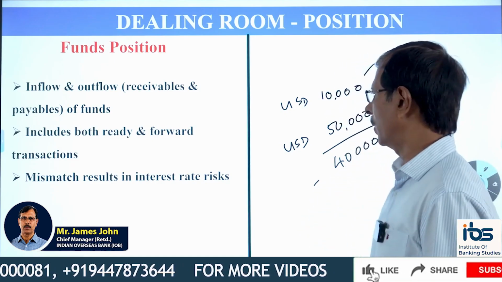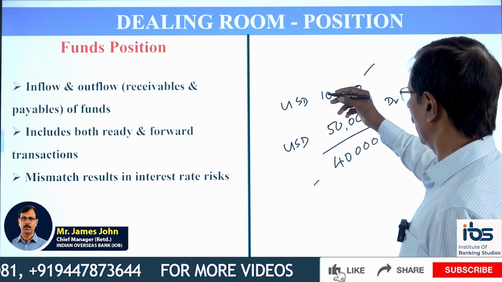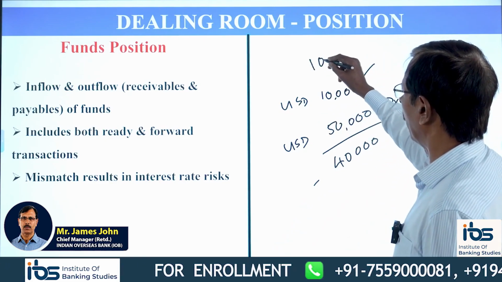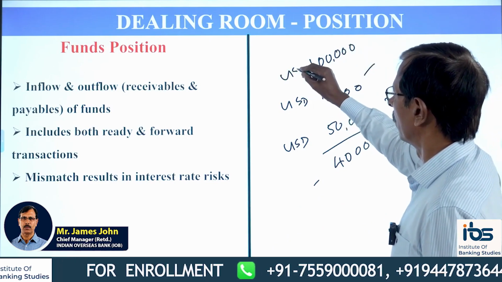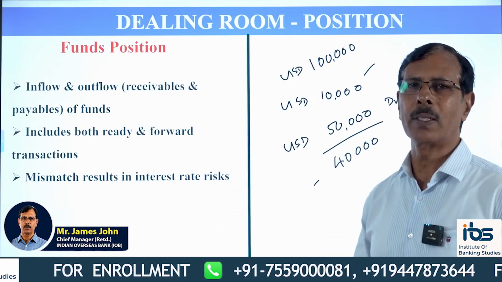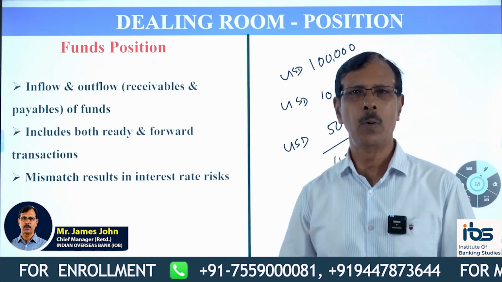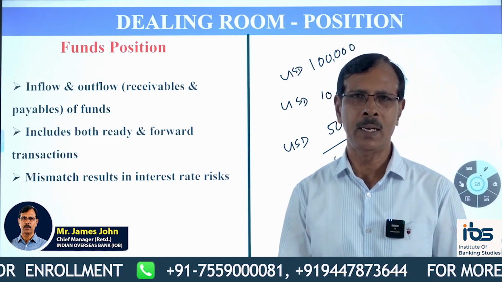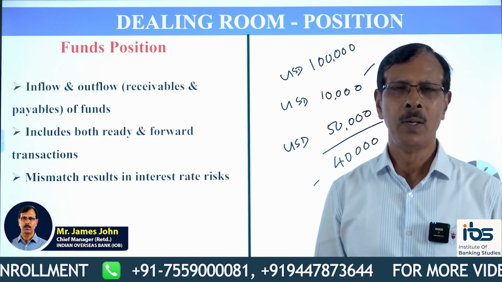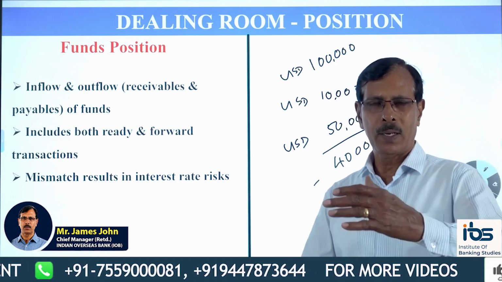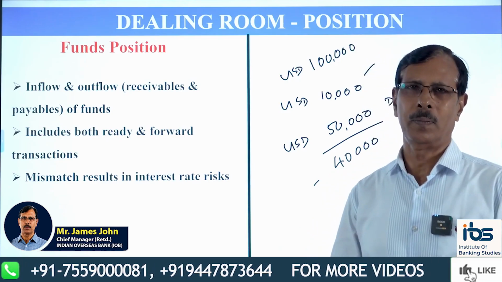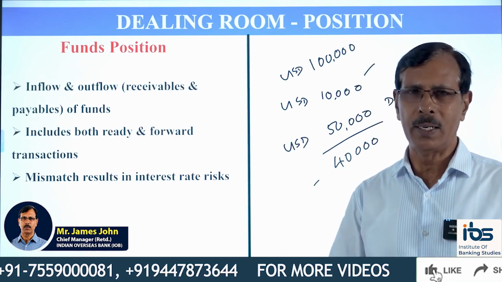Number two, suppose on a particular day when they close the business, there is a balance of say $1 lakh in the account. Remember, the nostro account is a current account where they don't pay any interest. Just like in India, we don't pay any interest for the current account. So when they wind up the business on a particular day, if there is a balance of 1 lakh in that account, that balance did not earn any interest.